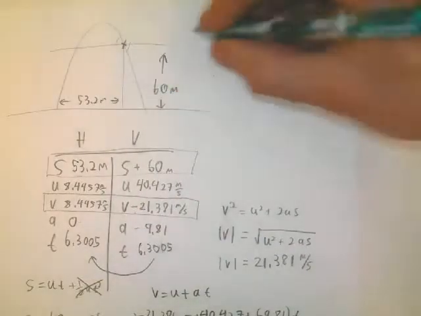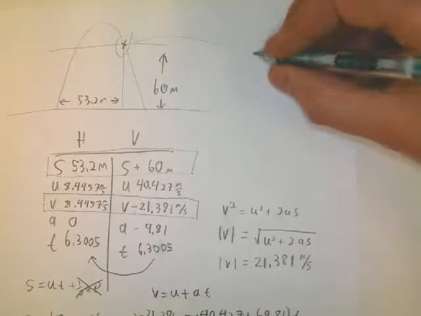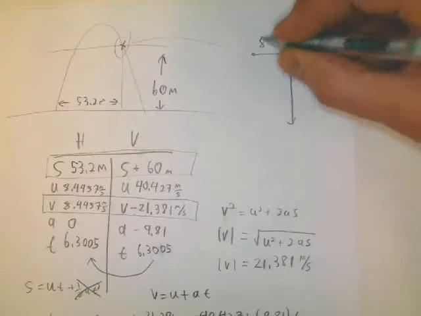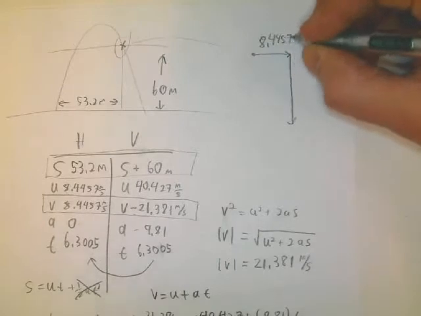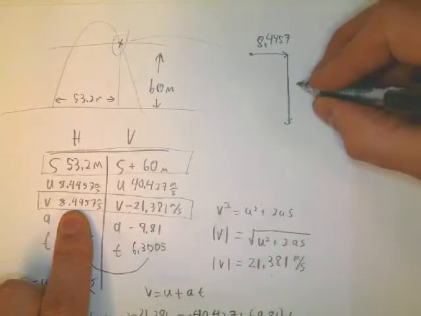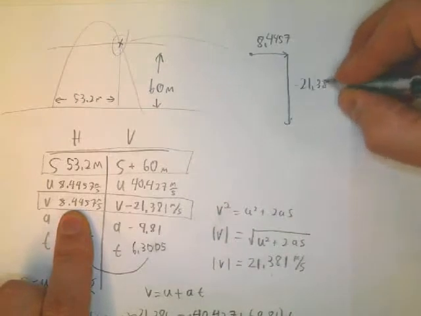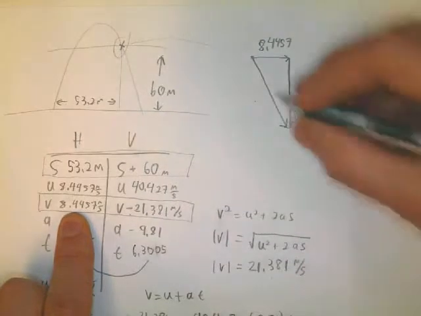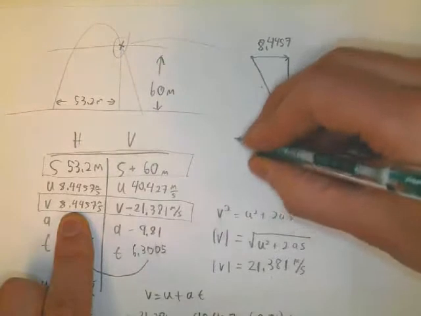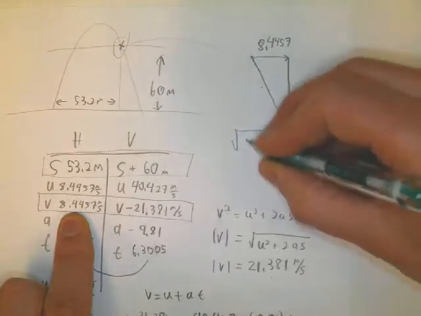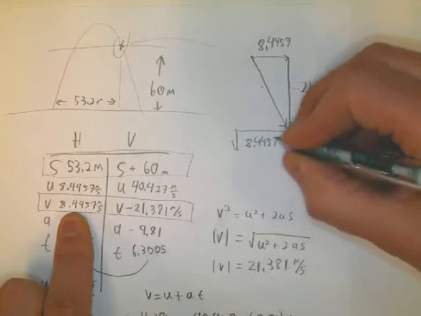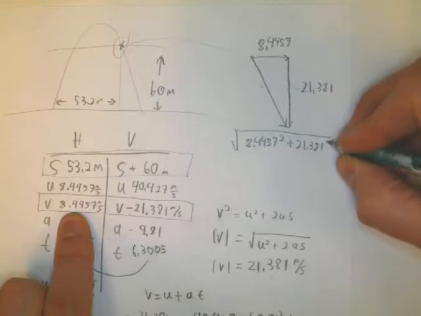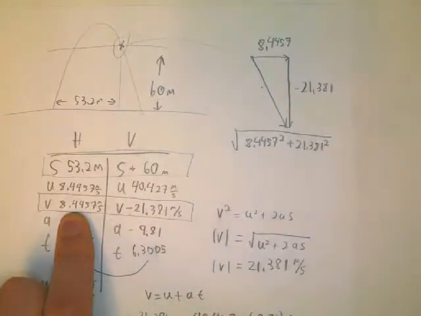Now we can take this velocity and make the vector. Here's the object. It's going over, and it's going down kind of a lot more. 8.4457 is our velocity there, and then negative 21.381 is that. We can find the hypotenuse, which is the speed of it, the square root of 8.4457 squared plus 21.381 squared, which looks like this in the calculator.